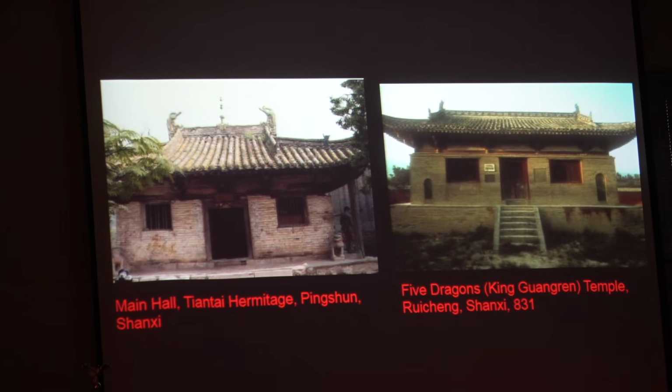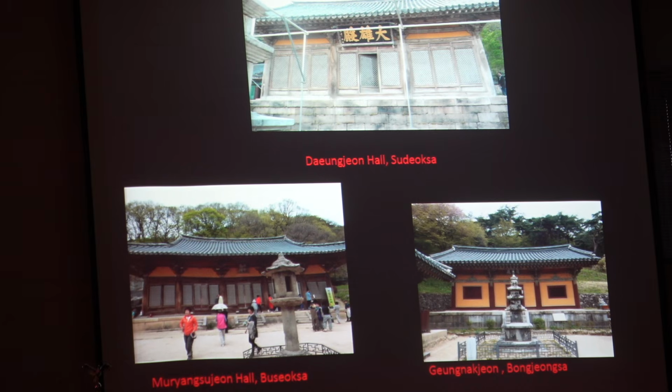The one on the left is undated, but it's first half of the 9th century. And the oldest wooden architecture in Korea is what you see right here, 14th and 15th century buildings. So these are Yuan period buildings as far as I'm concerned, Mongol period and later.